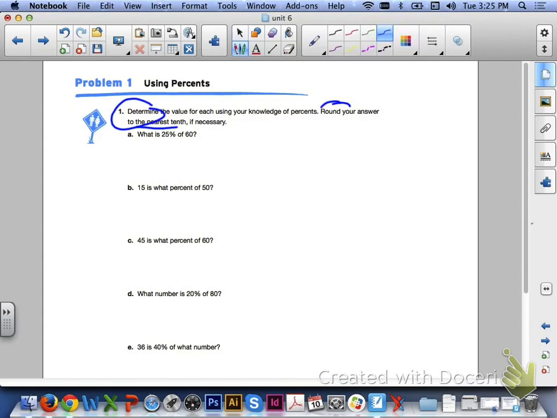Another way. So here's the third method that we've talked about. So if we have 25 over 100, because 25%, remember, percent means out of 100, 25 over 100 is going to equal something over 60, because it's the 25% that's matched up with the missing piece, right? Because we're looking for what is 25% of 60.